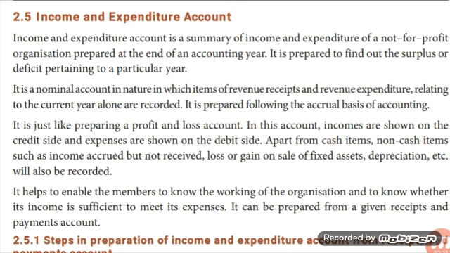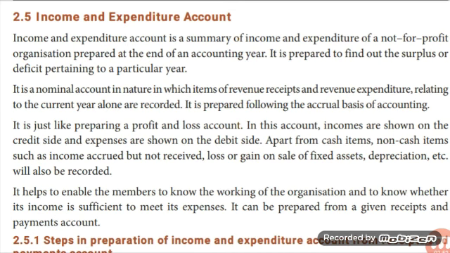Okay children, then while balancing, we will get one balancing figure, that balance is either surplus or deficit. The balance being either excess of income over expenditure, that is equivalent to the net profit of a trading concern, or excess of expenditure over income, that is equivalent to the net loss of a trading concern.